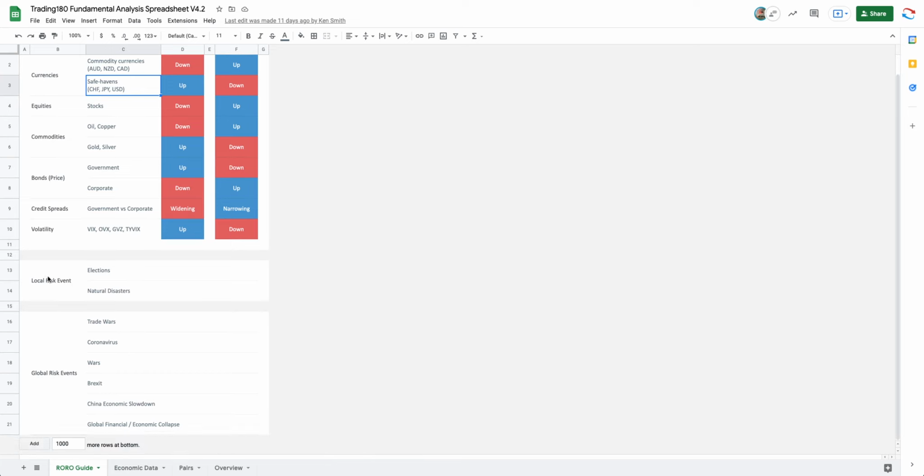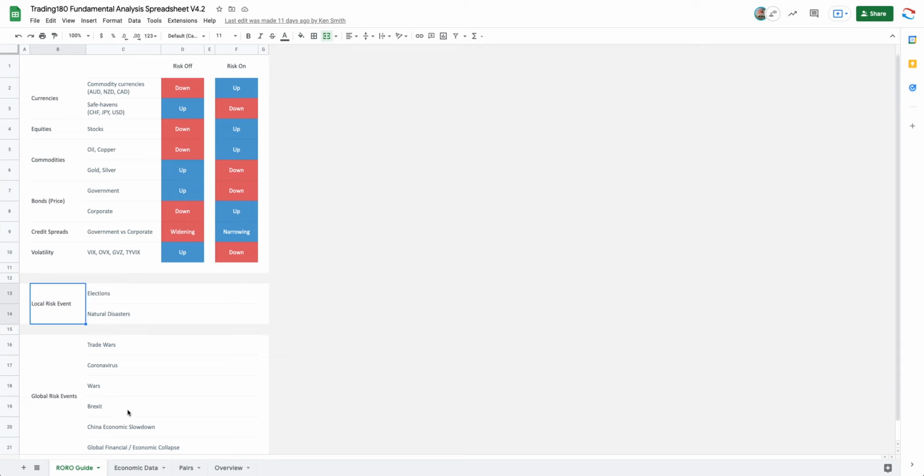And then there are local and global risk events we must be aware of, which may trigger risk on and risk off environment situations. So we've got global risk events like trade wars, coronavirus, Brexit, and a China economic slowdown, which would all trigger global risk events that may trigger risk off.